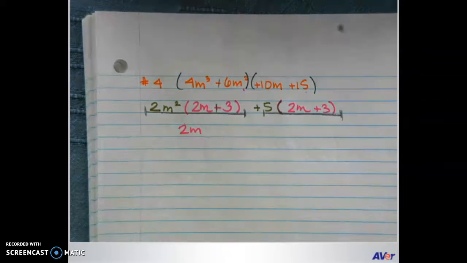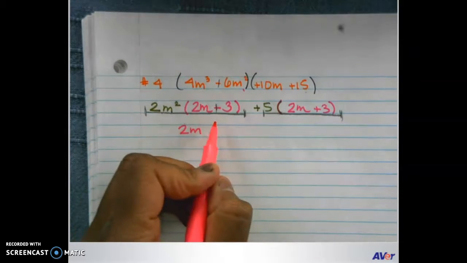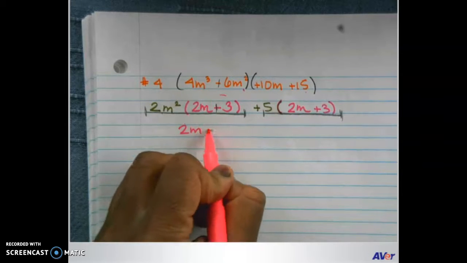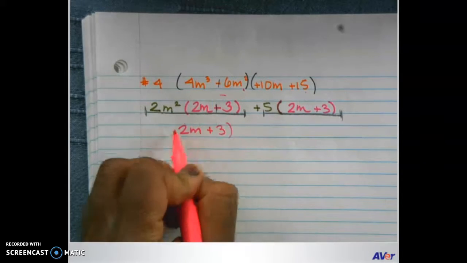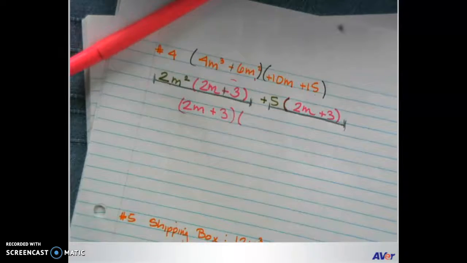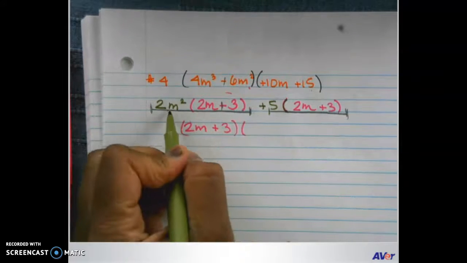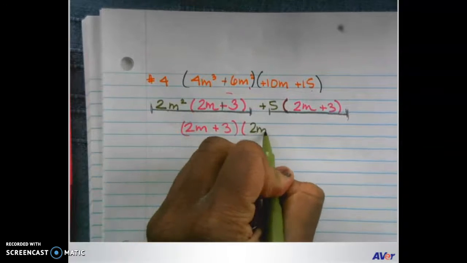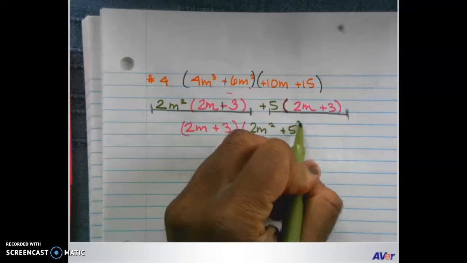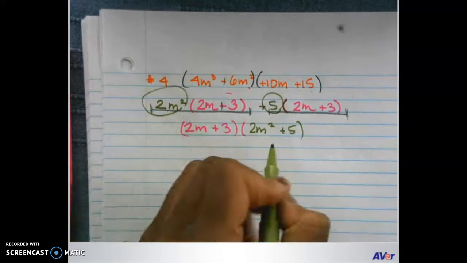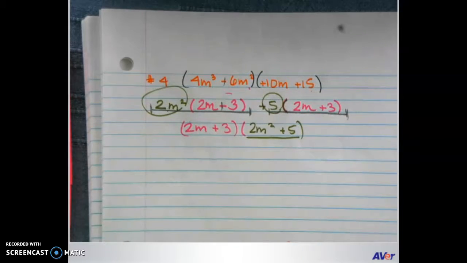My fault. So now, miraculously, they do have the same thing in common. 2m plus 3. And then what's left over if I group those together is 2m is still left here, 2m squared plus 5. 5 here, 2m squared. Those are my leftovers that I just put into parentheses.